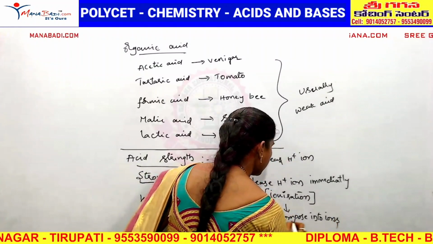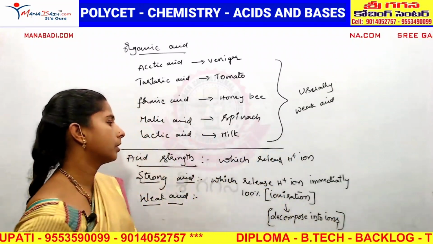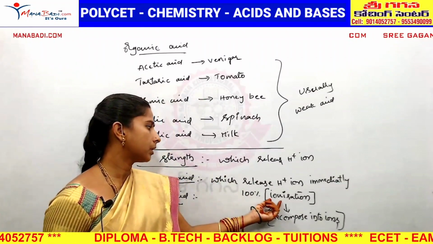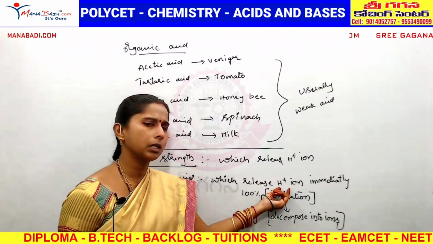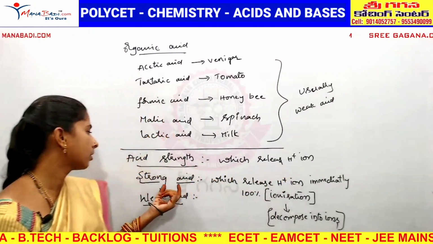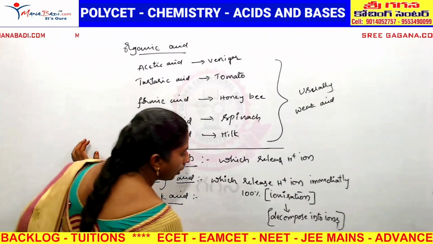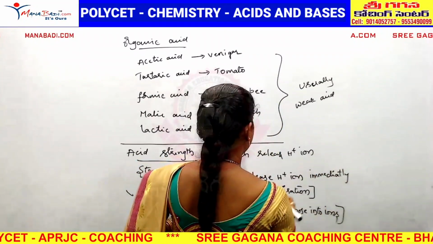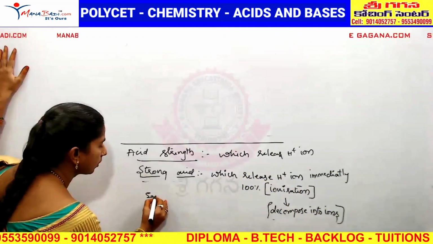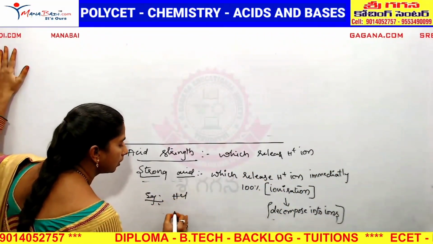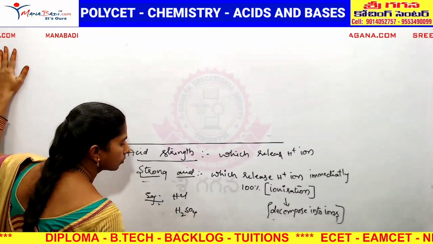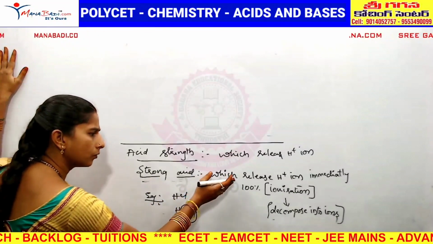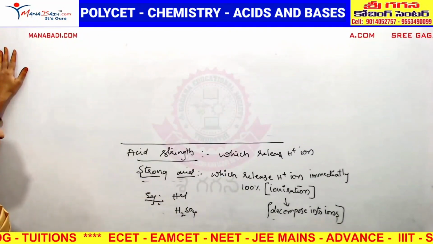So if an acid undergoes 100% ionization, meaning it completely releases H plus ions, it is called a strong acid. For example, all mineral acids are strong acids, like HCl and H2SO4. They undergo 100% ionization.